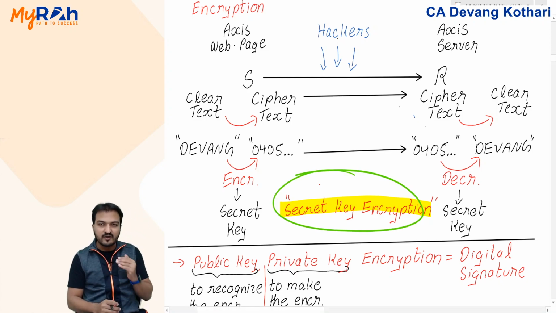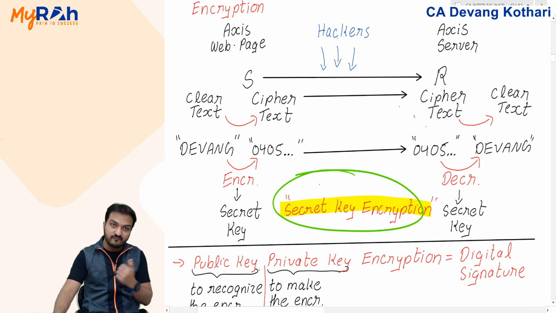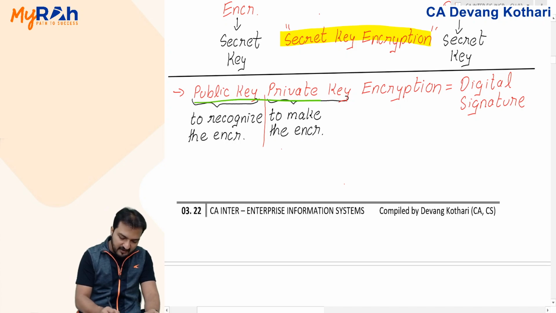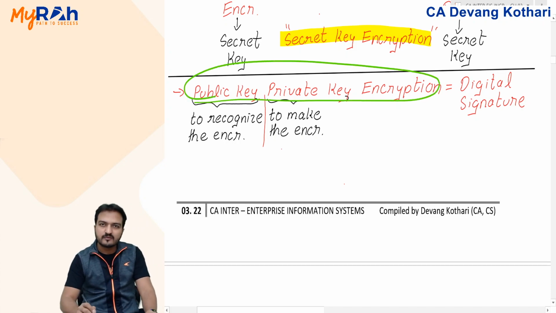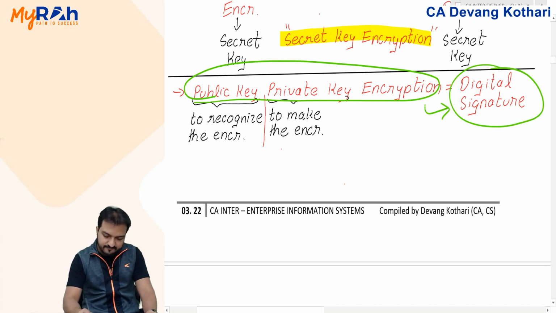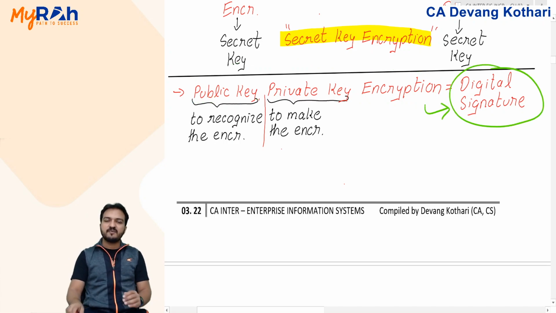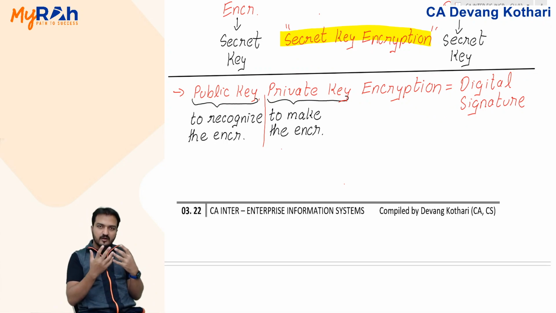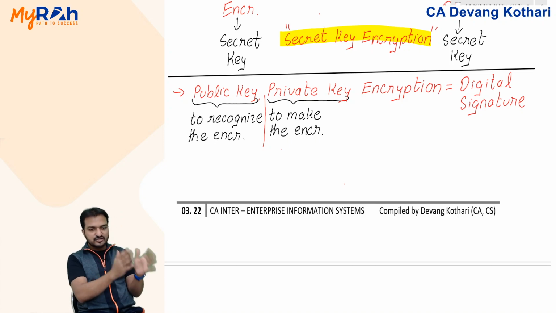Now this entire concept that I gave, I called that the secret key encryption method. There is another method of encryption that will be covered later in another part of the syllabus, called public key private key encryption. In simpler words, this is called a digital signature. Digital signature is basically a concept of encryption in which I will purchase a digital signature first.